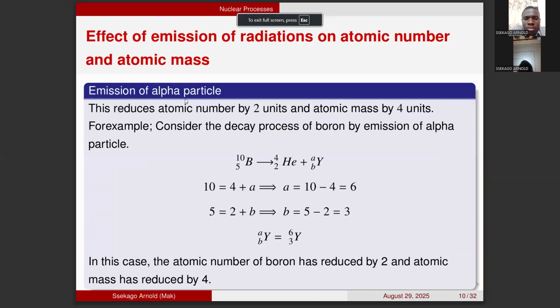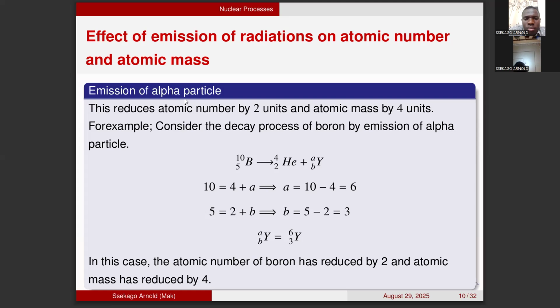So we start with the emission of alpha particle. The question is, if a heavy unstable atom undergoes decay process by emitting an alpha particle, what will happen to its atomic number and atomic mass? Hope you've got the idea, the key issue which we are investigating here.